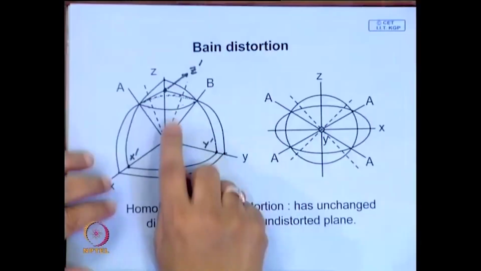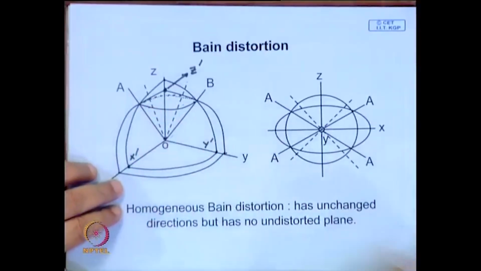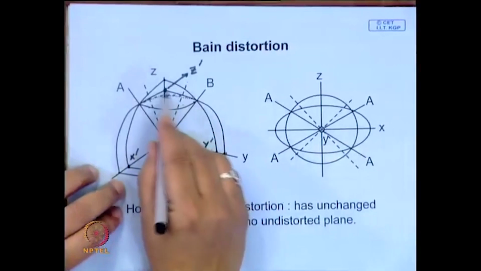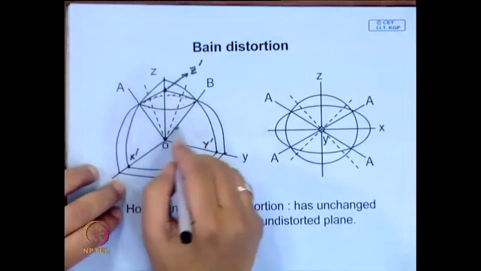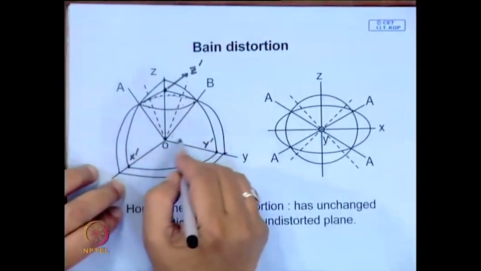So, here also you will find the twin plane, any direction line you draw, the twin plane is undistorted, but anything perpendicular and other directions rotate. Same thing you find over here, when you have a homogeneous deformation, you have only certain undistorted directions. You cannot think about an undistorted plane.